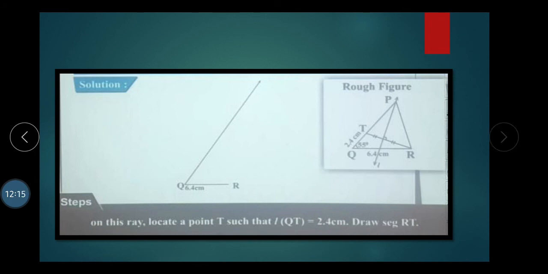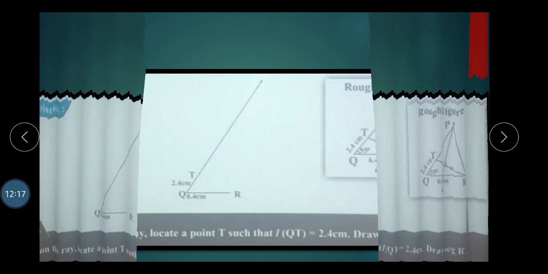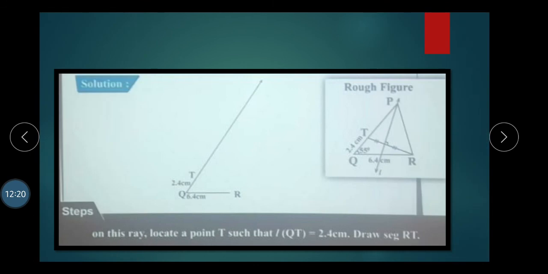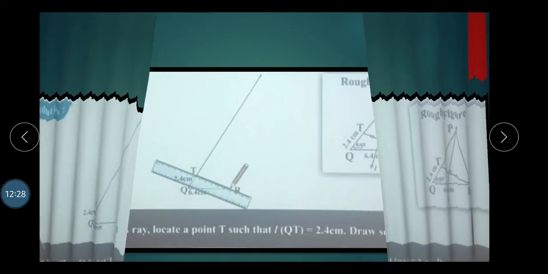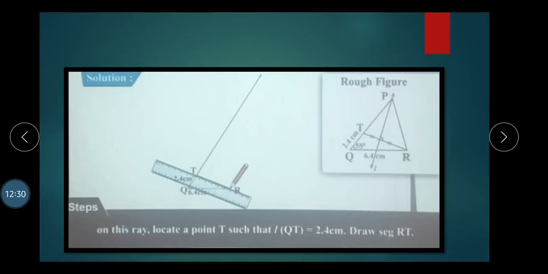Draw seg RT. This is the way you will construct. Take a compass, mark a length of 2.4 centimeter on the ray. Join TR or RT.